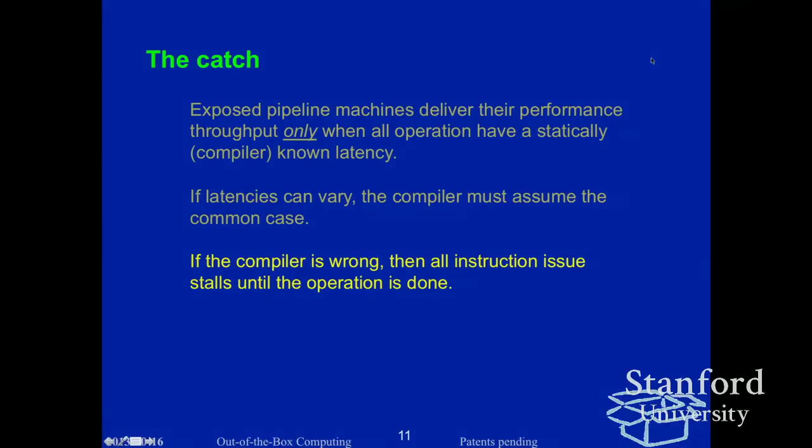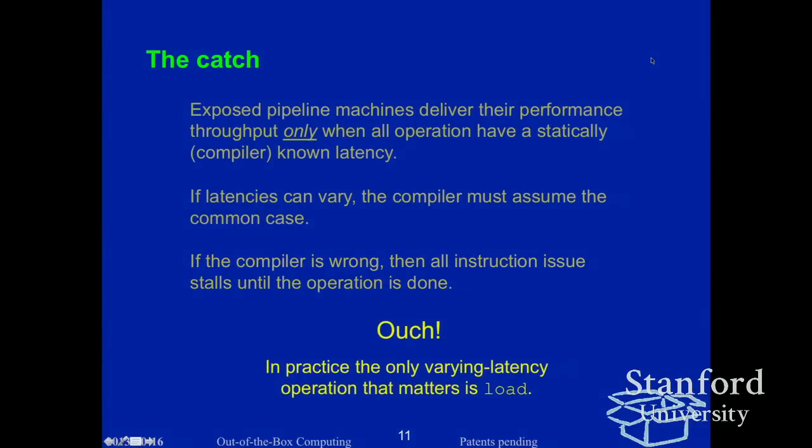Well, we're a wide machine, so stopping all other issues may mean that we are stopping issuing tens, hundreds of operations that we otherwise could have done, but it doesn't work because the timing turned out to be wrong. Ouch. In practice, the only varying latency operation that matters is load.